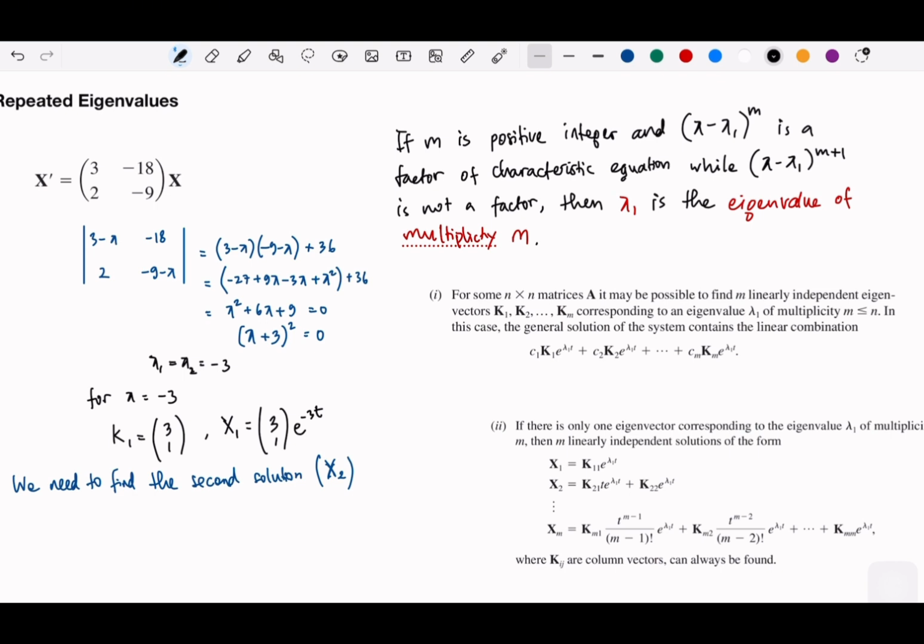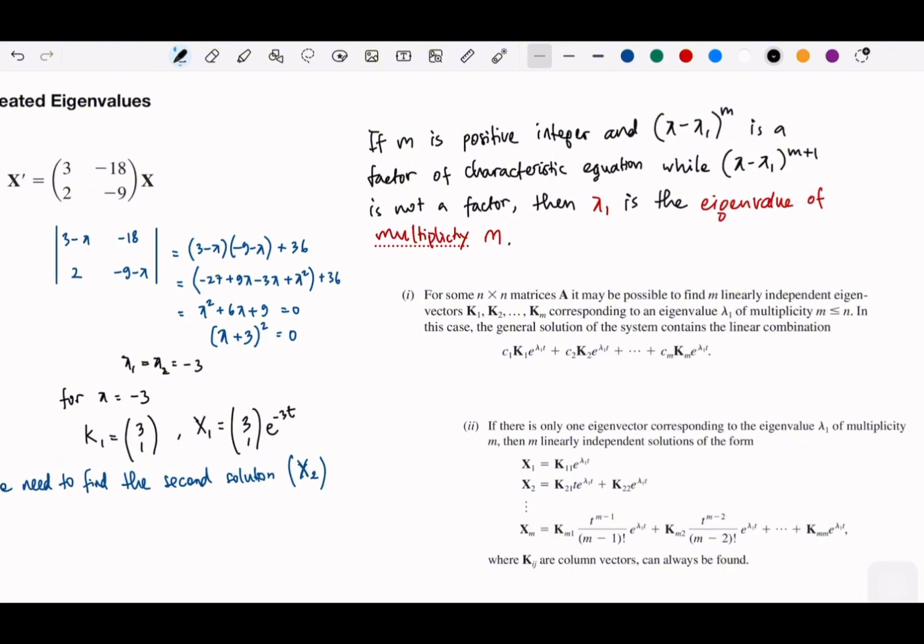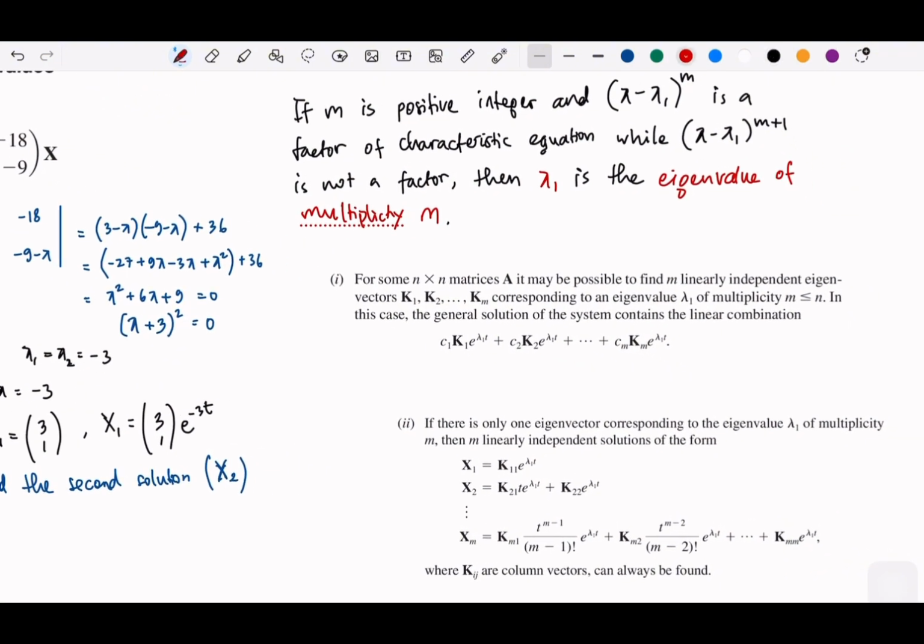For example, for 2 by 2, we may find multiplicity of 2, for 3 by 3, multiplicity of 3, that's the possibility. But for more than 2, perhaps we find at least 2 or 3 for the multiplicity. There are some ideas that m can be as much as the rows in the matrix or less than that.